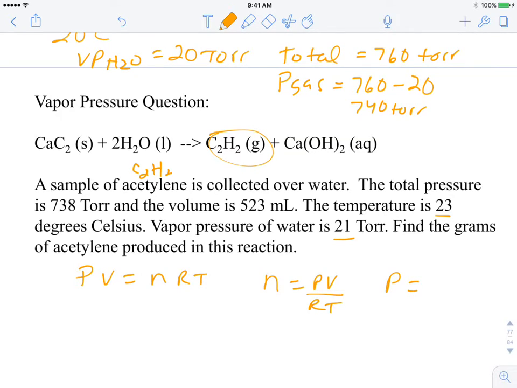The pressure is going to be the total pressure, 738, but then you have to subtract the water from it. Will it make a big difference? It won't really make a big difference, but you still have to do it. So now we subtract the water vapor pressure and we get 717. Divide that by 760 to get our atmospheres. And we have 0.943 atmospheres.